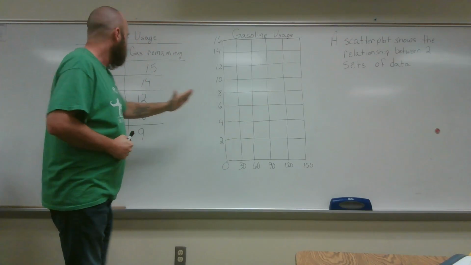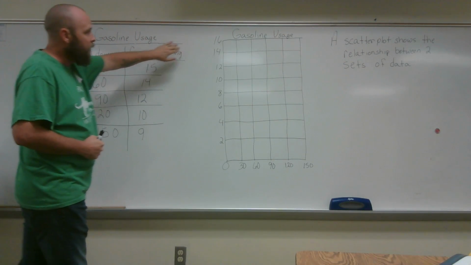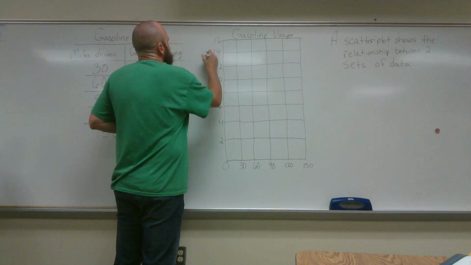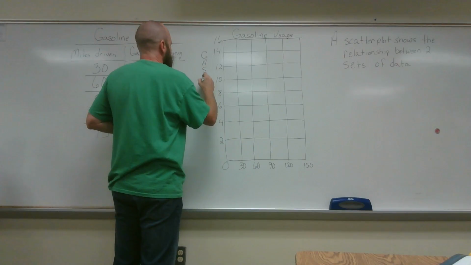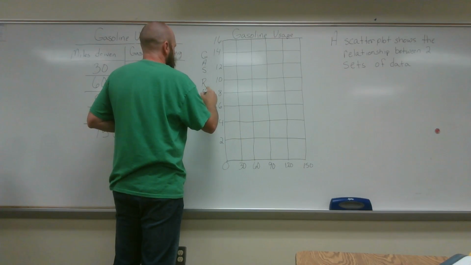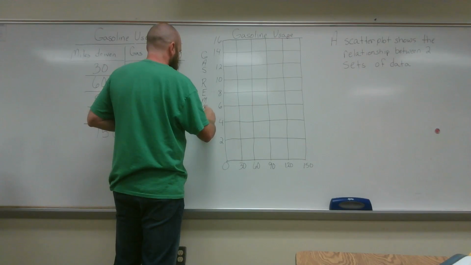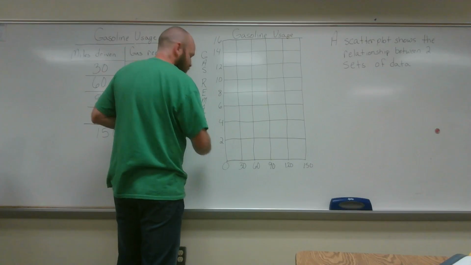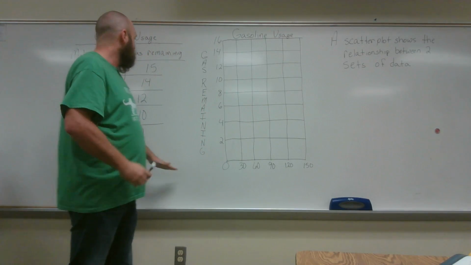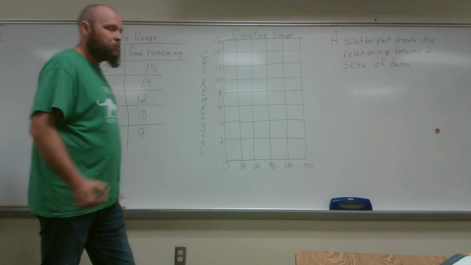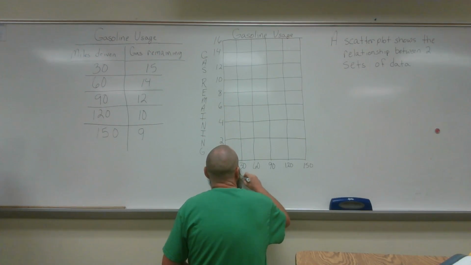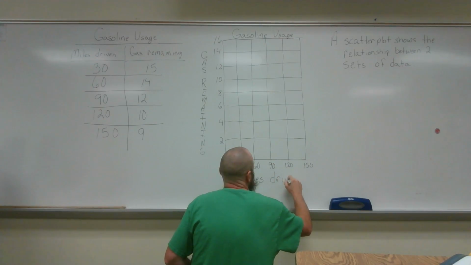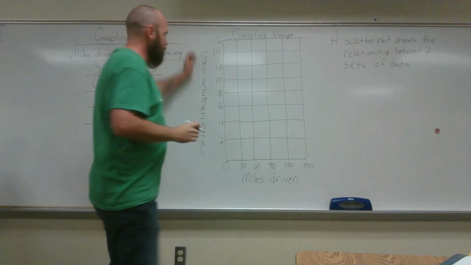Based on the numbers, you should be able to tell that this information is gas remaining. The information along the bottom is going to be miles driven. Okay, so we have gas remaining, miles driven.